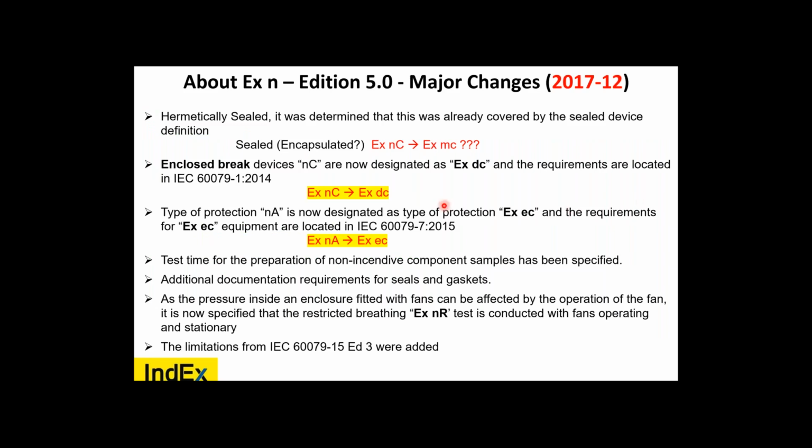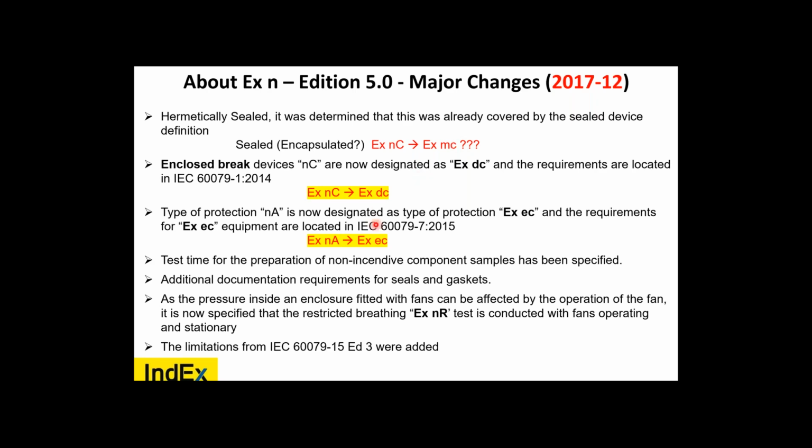So let's go over it again. In December 2017, 60079-15 came out, EXN. So hermetically sealed, it was deemed that it was already covered by the sealed device definition. Now, sealed encapsulated, did that become NC to MC?